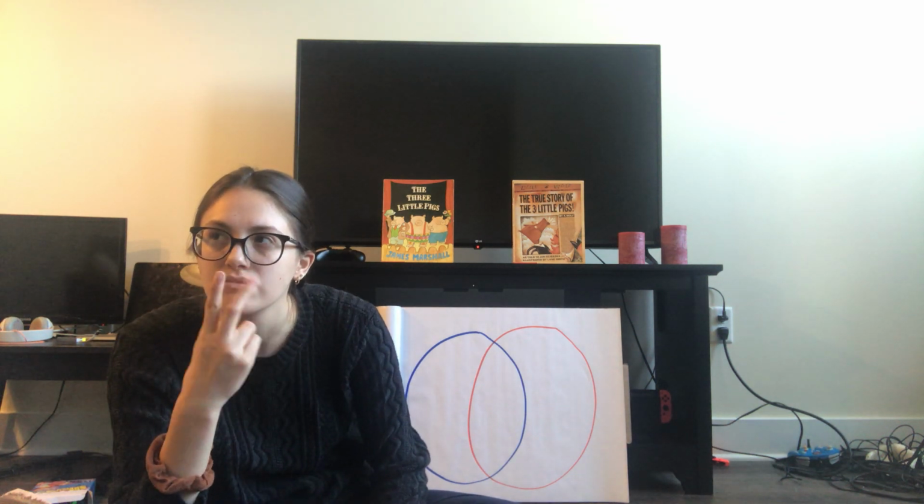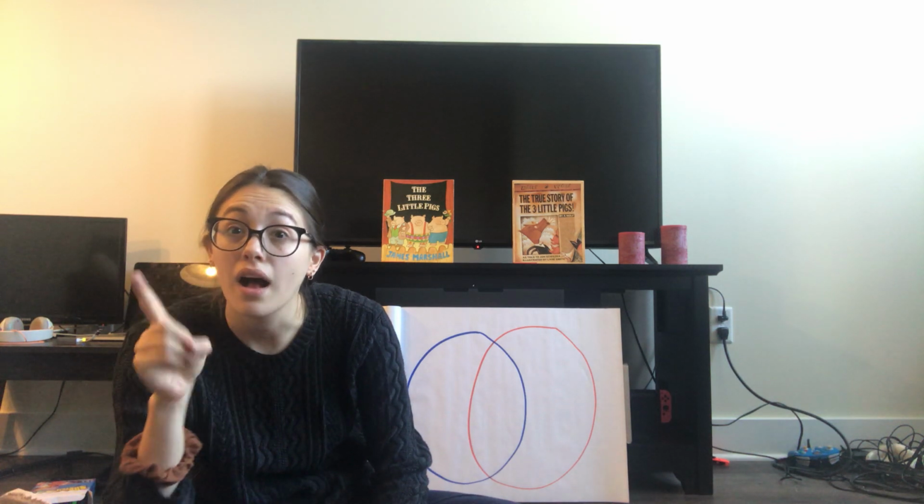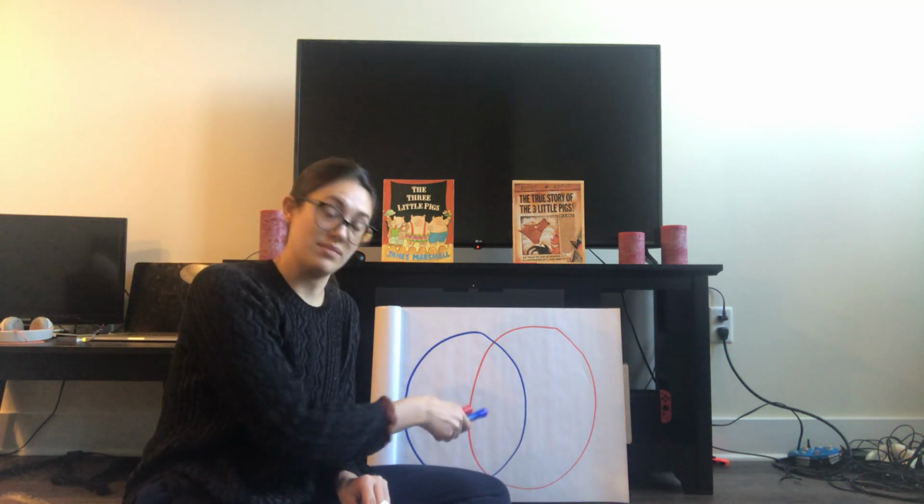Let's put on our thinking cap and do a thinking moment. I think I would like to put down that in both versions of the story, the wolf caused the first little pig's house to fall down. So I'm going to put that in the same section.